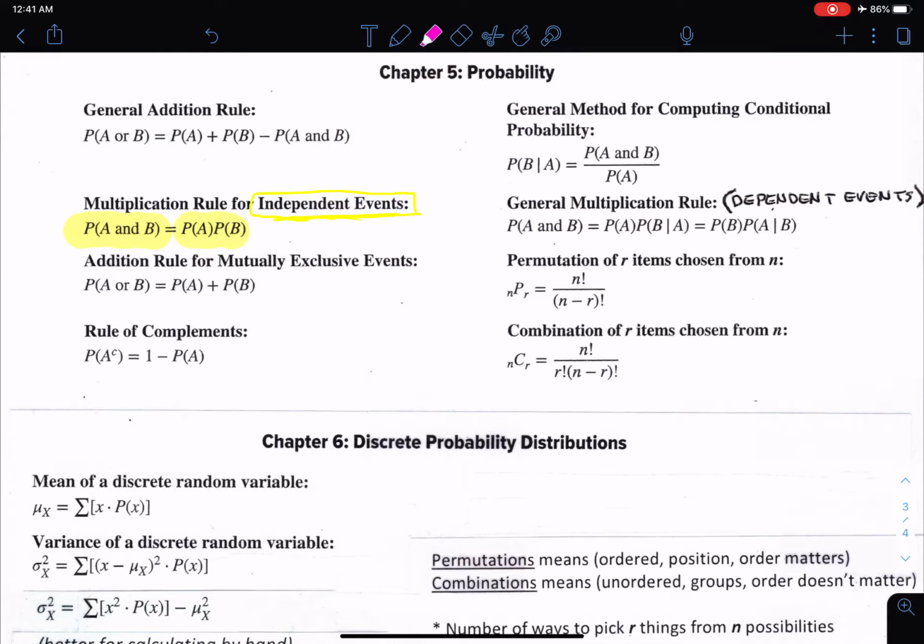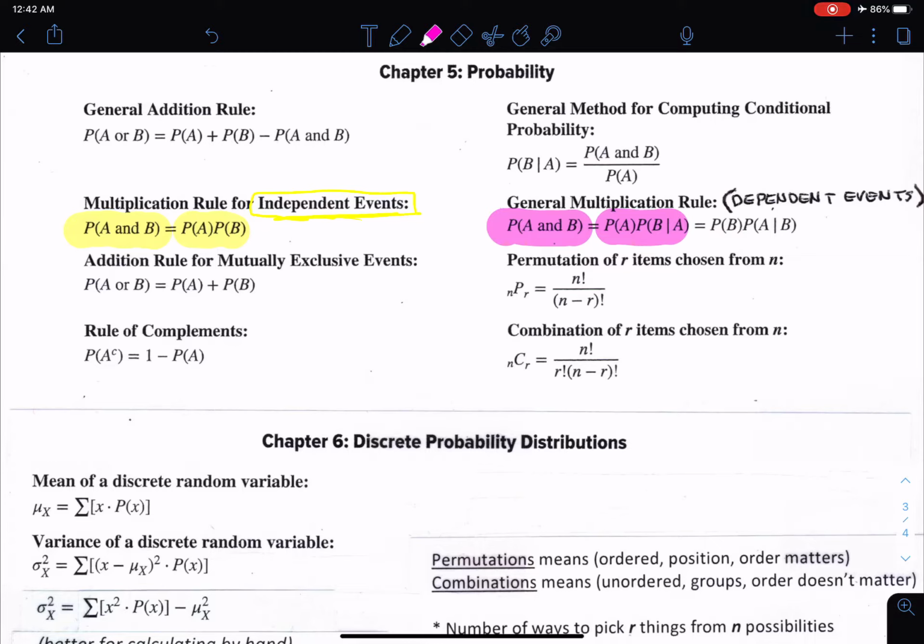Now this is called the general multiplication rule, where we have the probability of A and B equals the probability of A times the probability of B given A happened. Okay, and that's our general rule.